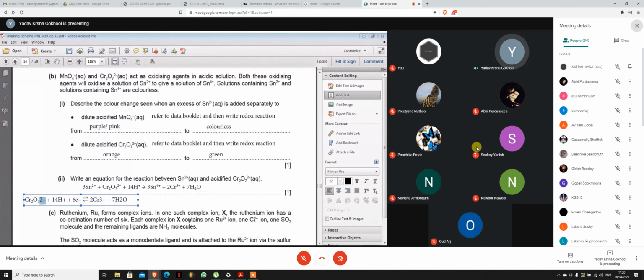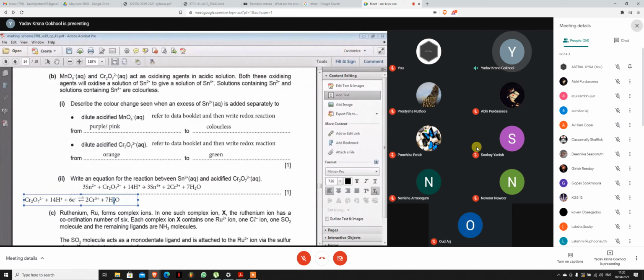So here I'm being told that when Sn2+ is being made to react with acidified potassium dichromate, the Sn2+ is getting oxidized to Sn4+, right?